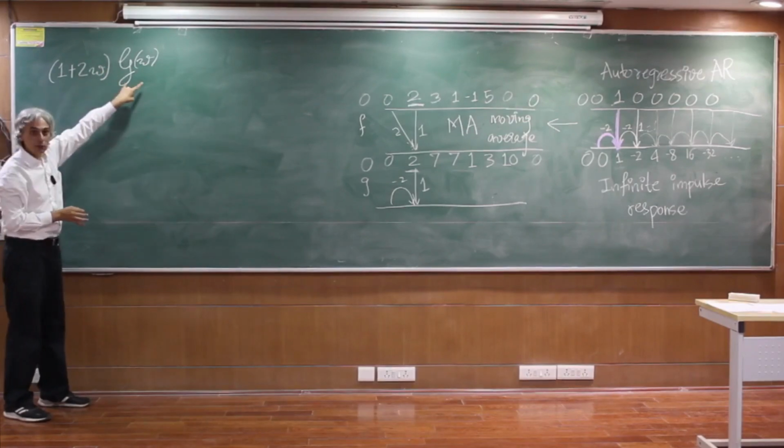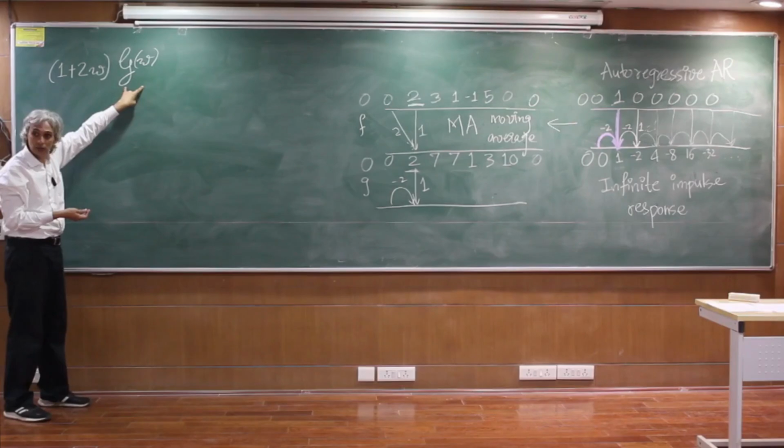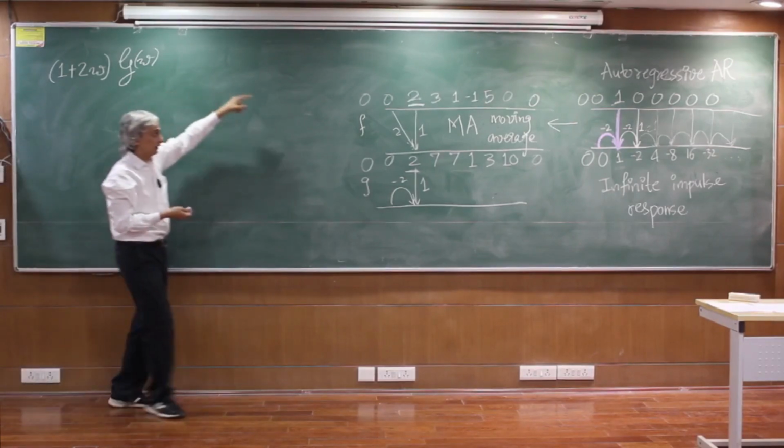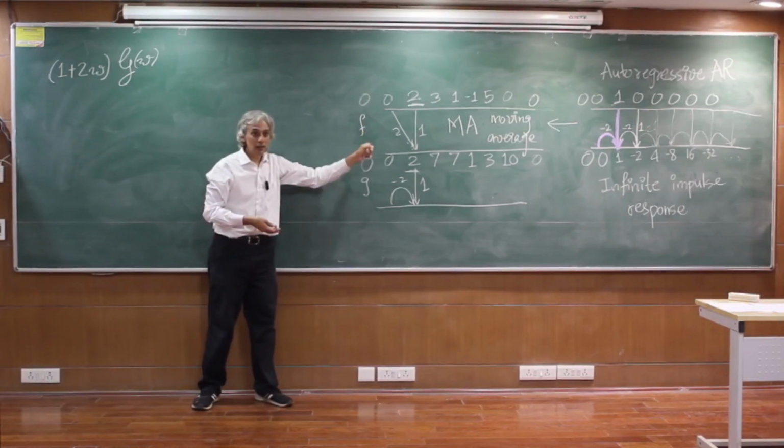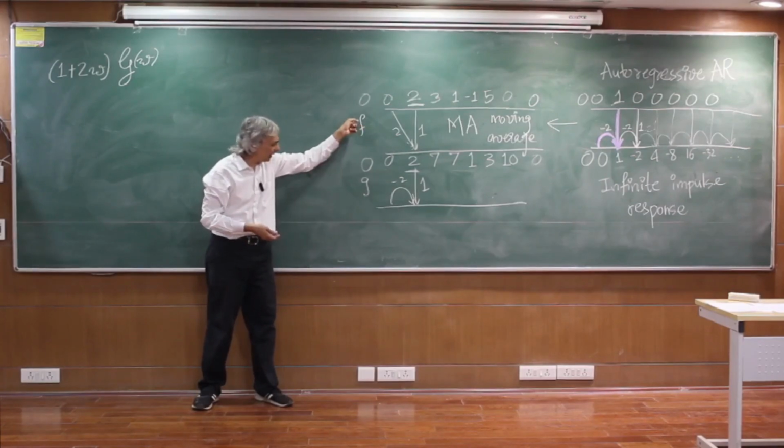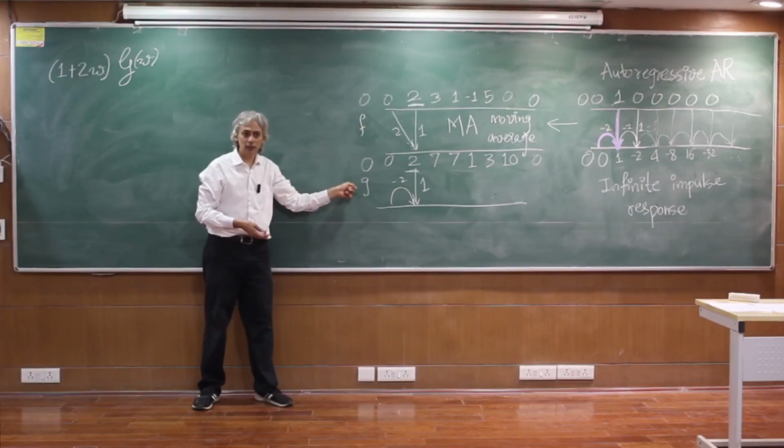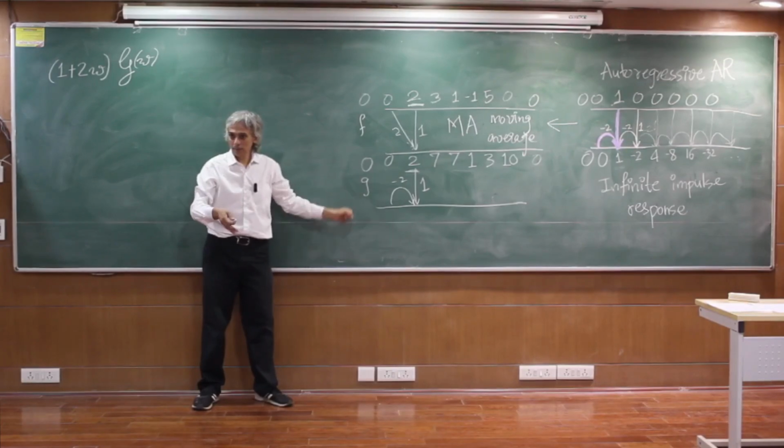These two polynomials are multiplying. Why? Because polynomial multiplication is the same as convolution. And why are these two things convolving? Because cascading of filters convolves their impulse responses. Agreed?